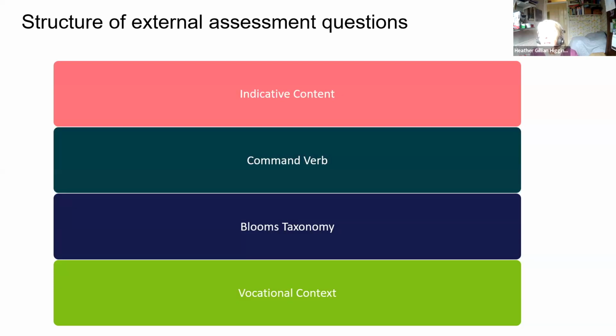They're each on the unit spec, and they may differ in definition from the internal ones, so be sure of that. Then we use Bloom's taxonomy, and you can use that to prepare your learners. They also have a vocational context, so learners need to be well practiced in answering questions that have a vocational context. There will always be a header, a rider, at the top.